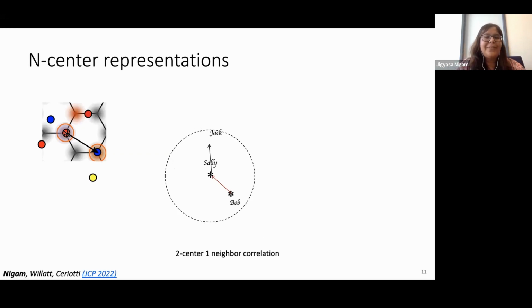So there is a bit of asymmetry in this description, because I chose to describe the pair environment by Bob's friends, but I could have chosen Sally's friends instead. This asymmetry is sometimes useful, because right now I'm able to distinguish which one is Bob and which one is Sally, since the red atom is Bob and the blue is Sally. But we'll see in the next slide when this is not possible.